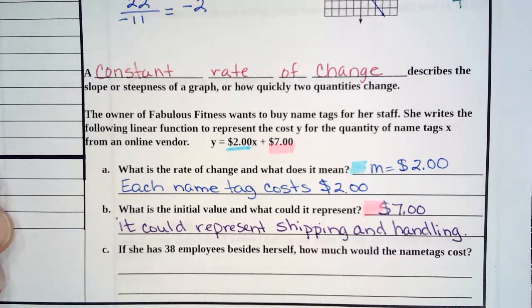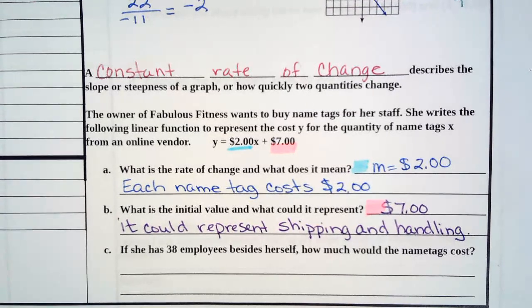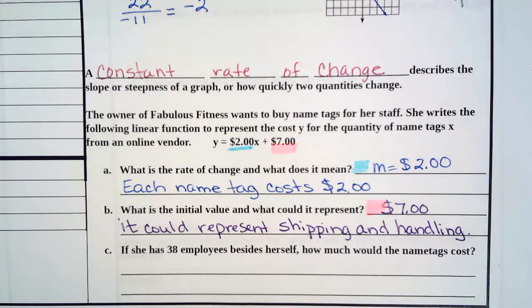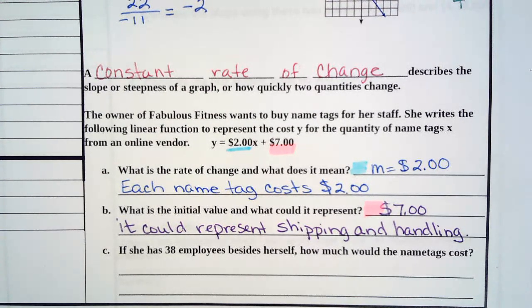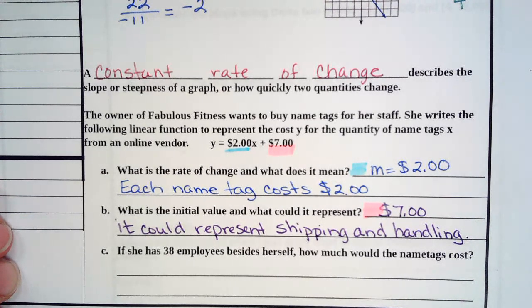A $7 shipping and handling fee is pretty cheap anymore. Okay, if she has 38 employees besides herself, how much would the name tags cost? So we know that x will be what?